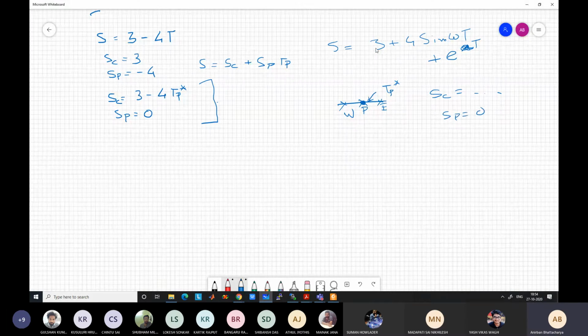So we can make SC equal to 3 plus 4 sine omega TP star plus e to the power a TP star, where TP star are the known values, and SP equal to 0. This is like a shortcut and a lazy approach.